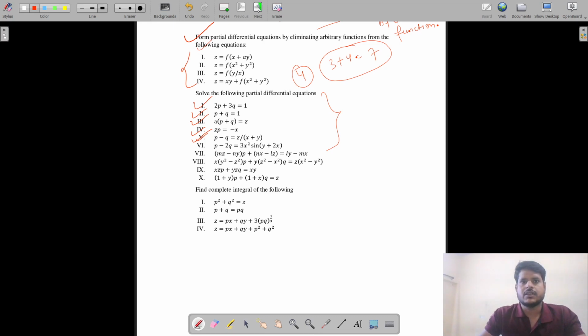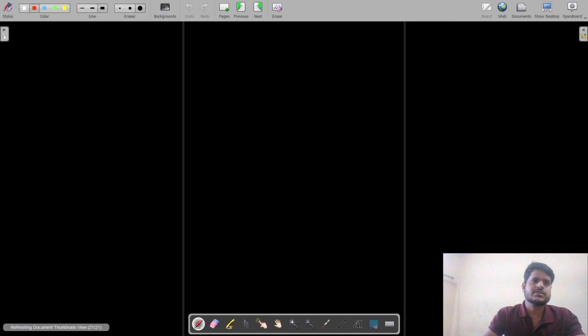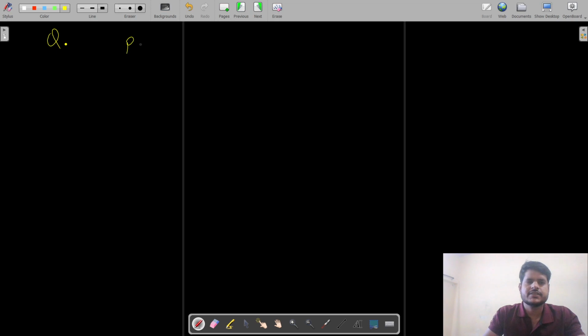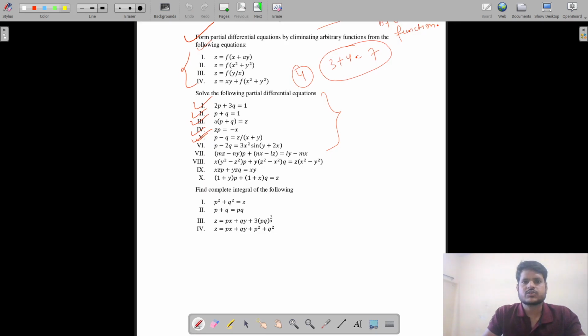Let me continue with the slide. And this is problem number 1. We have p minus 2q is equal to 3x square sine of y plus 2x.